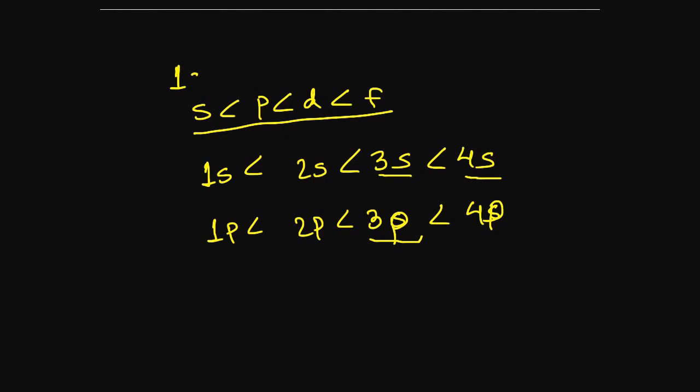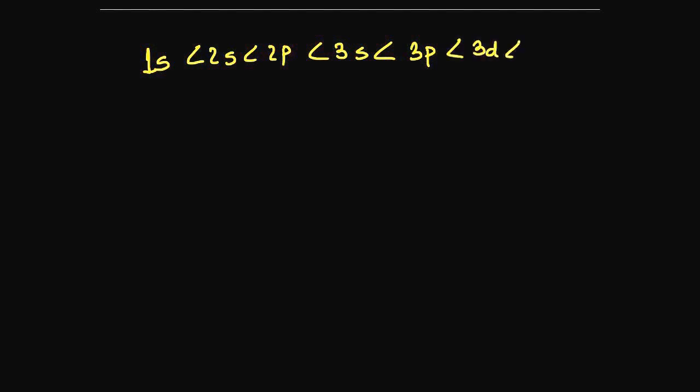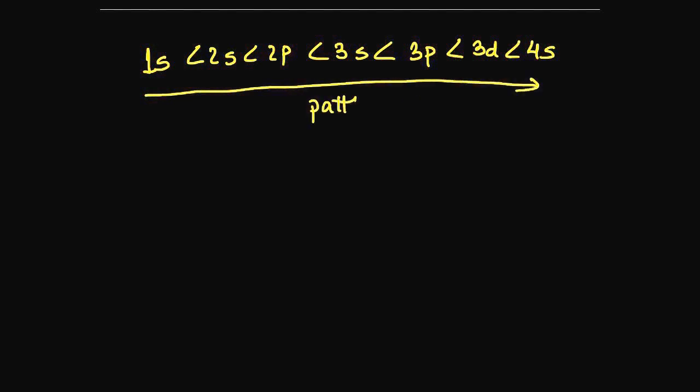So now we look at this. According to the pattern, 1s has the lowest energy, then 2s, then 2p, then 3s, then 3p, then 3d, then 4s. This must have been the pattern, but again, chemistry is full of anomalies.